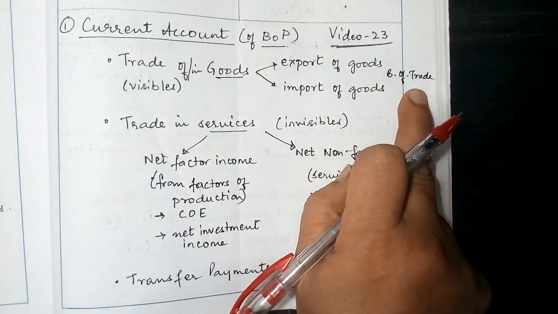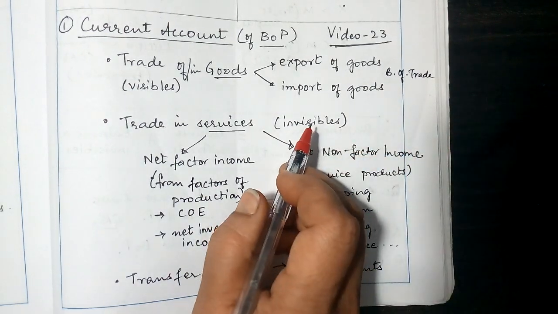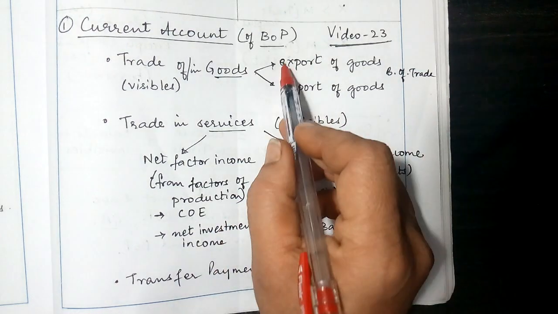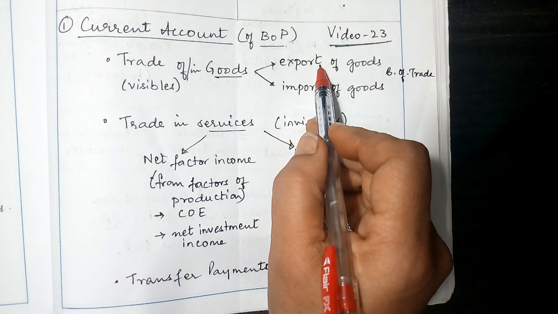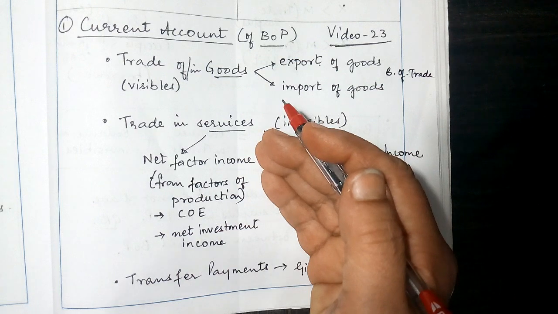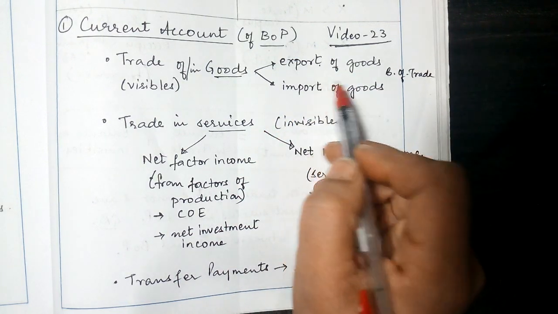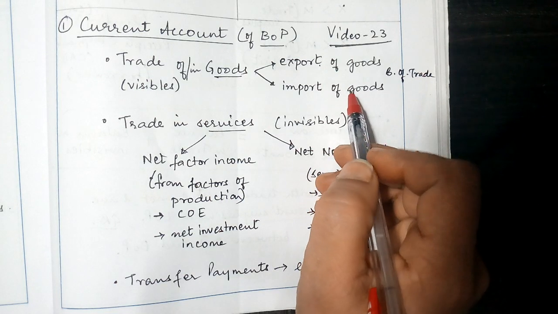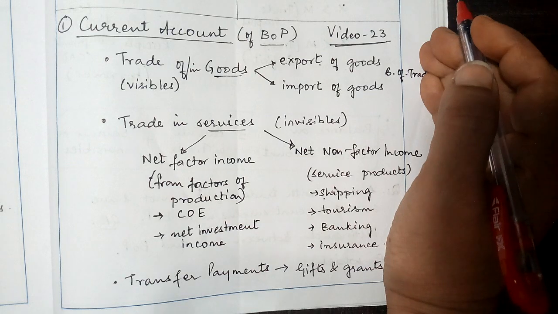It's a very important question. And so let us see. The export of goods is entered as a credit item in the balance of trade because it leads to inflow of foreign exchange. And import of goods is a debit item in the balance of trade as it results in the outflow of foreign exchange.